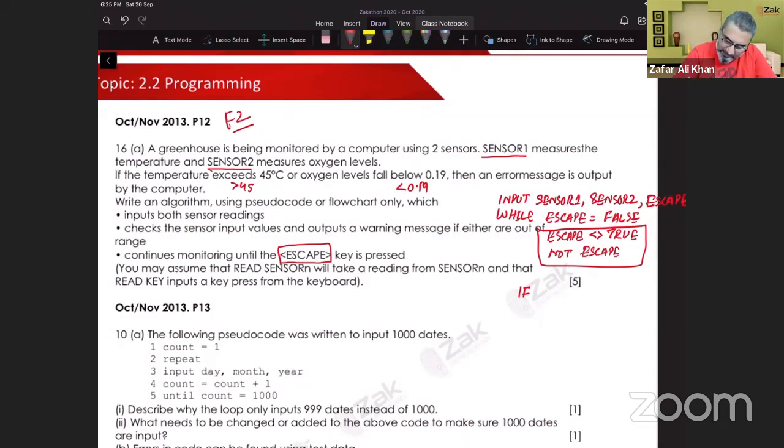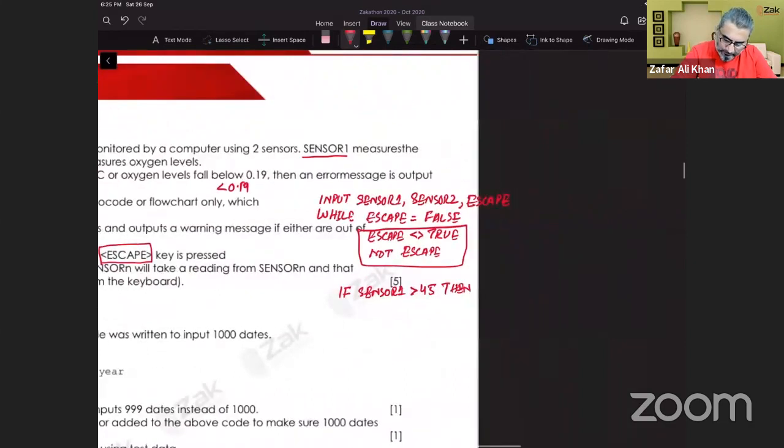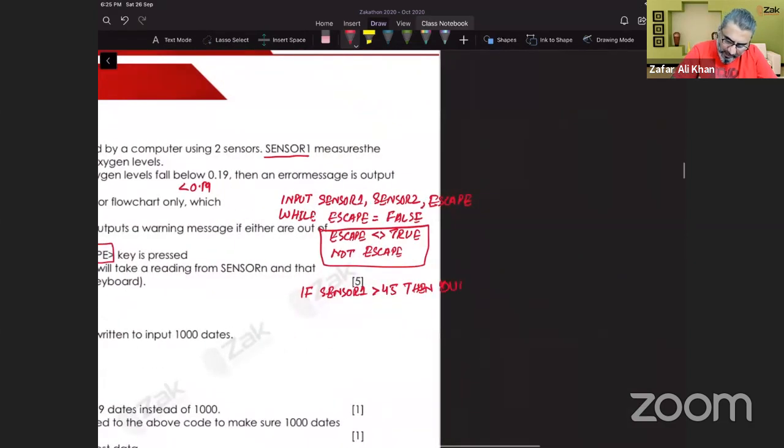So if sensor 1 temperature is greater than 45, then output "error".